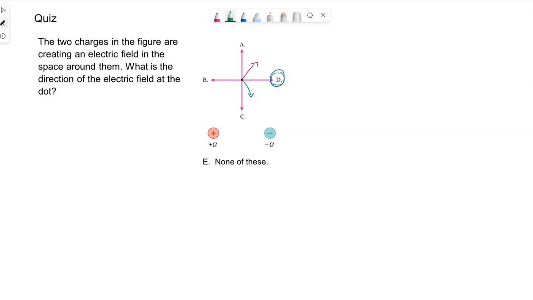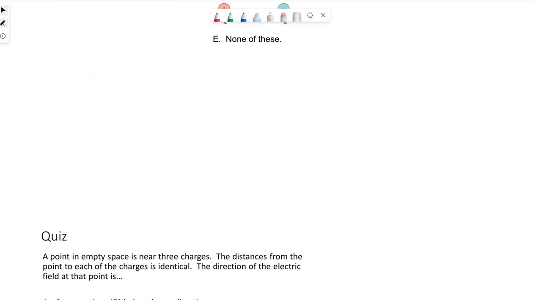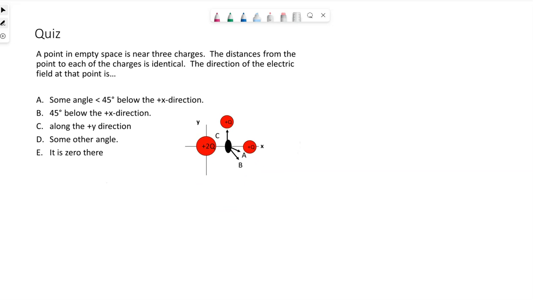So the y components would cancel and the x components would add together to give us D. You can show it too if you remember adding vectors head to tail or tip to tail. Okay, here is our next question.